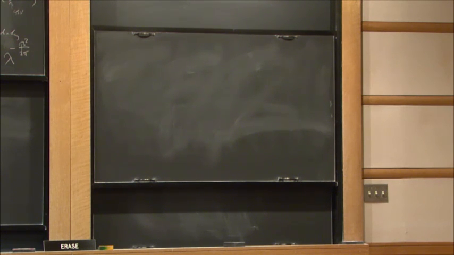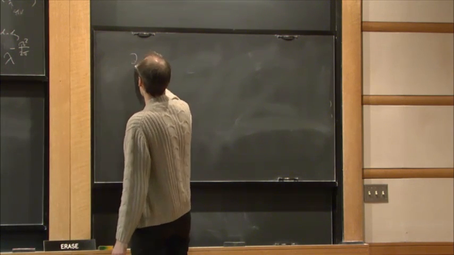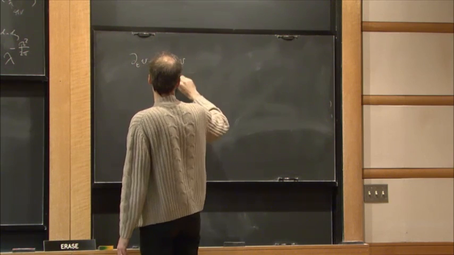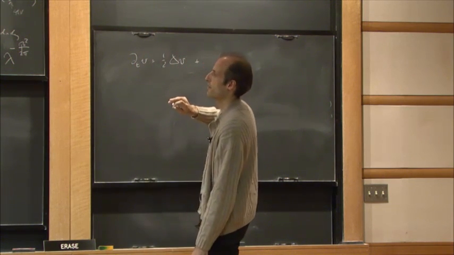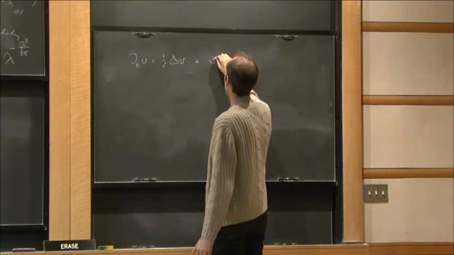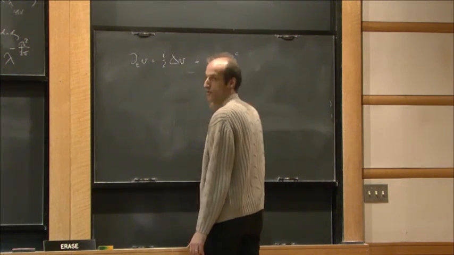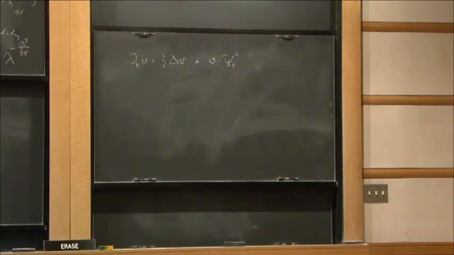Why is it a miracle? Because if you looked at the following equation, d_t v equals 1/2 Laplacian v plus just v times this psi epsilon c. Now that should be much easier to deal with than this equation.